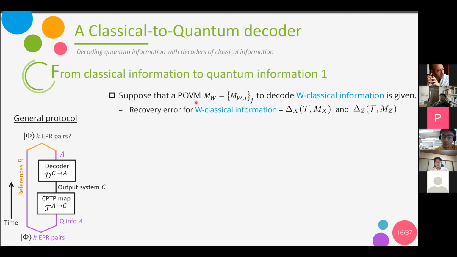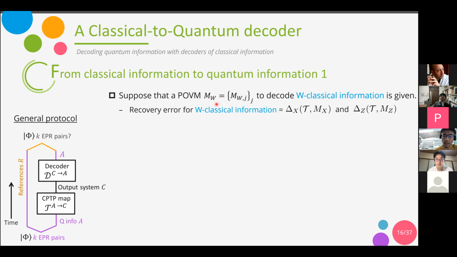Good. Now suppose that we have a POVM. This is a quantum measurement. We perform some measurement M_W to decode W classical information. Because the information is classical, we perform a measurement, and if the measurement outcome is, for example, j, we infer that the information is j. So we can represent the decoder for classical information in terms of measurement.